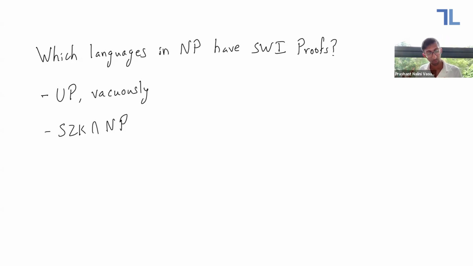To get an SWA proof system, you want a prover that is efficient given the witness, right? And the fact that a language is in SZK intersect NP does not mean that it necessarily has an SZK protocol where the prover is efficient. At least it does not immediately seem to be the case, but people have shown after a lot of work that this is in fact true: a language that is in SZK intersect NP does have an SZK protocol where the prover is efficient given the witness.